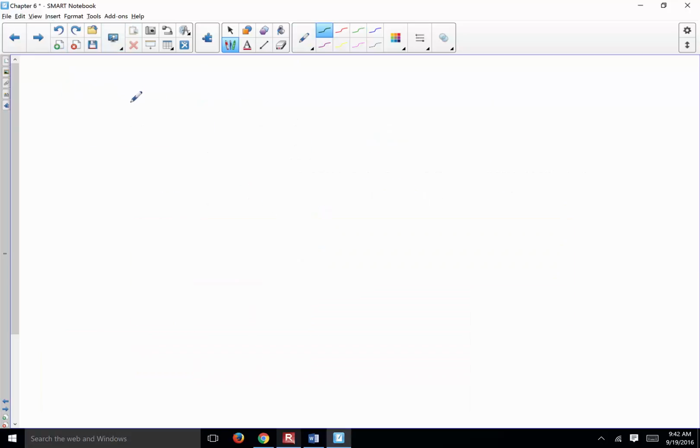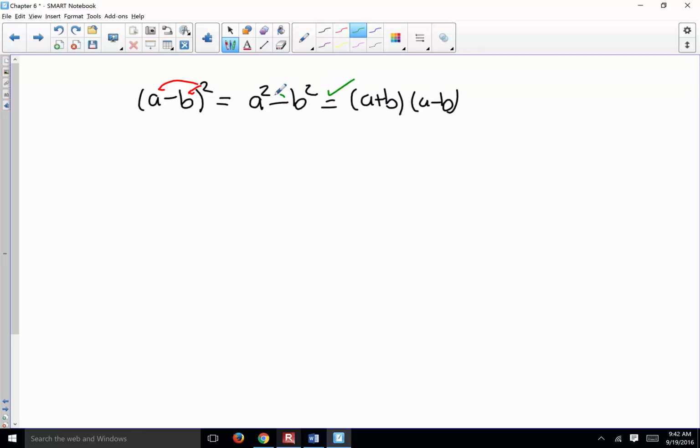We need to stop and think here. Most people confuse these. With A minus B, they pass this square to each, and they think it's A squared and B squared, these two are equal, and they split this as A plus B, A minus B. This part is correct, yes, if you have a difference of squares, that's how we recently factored it.